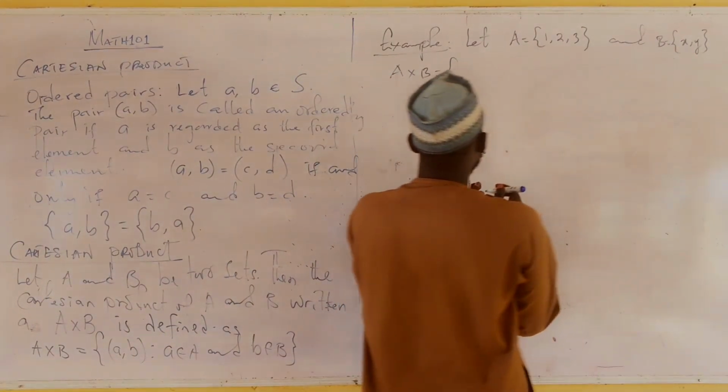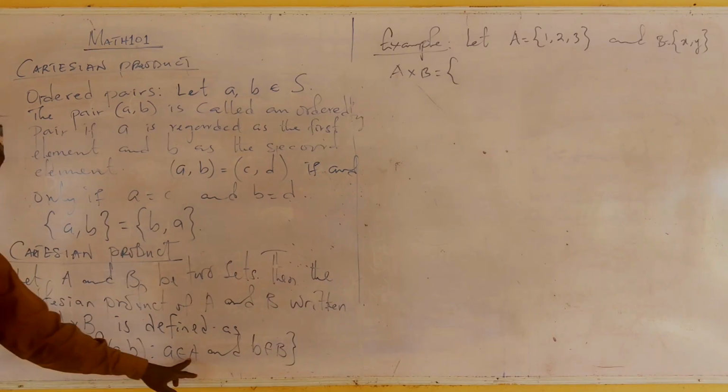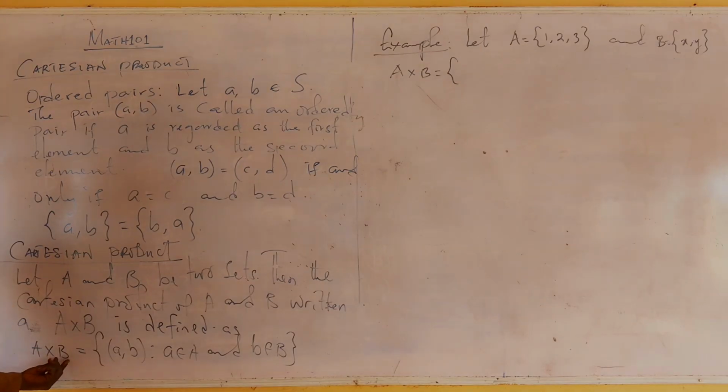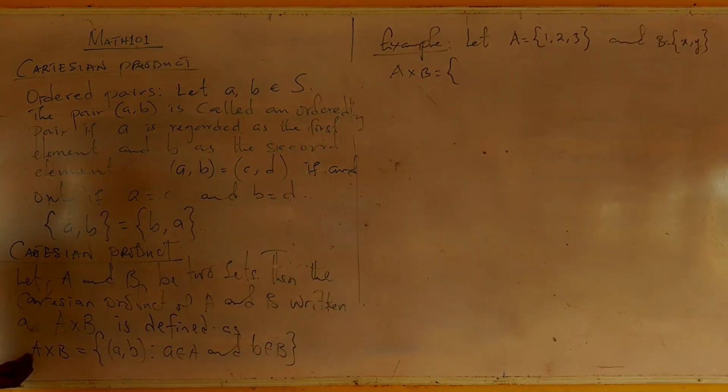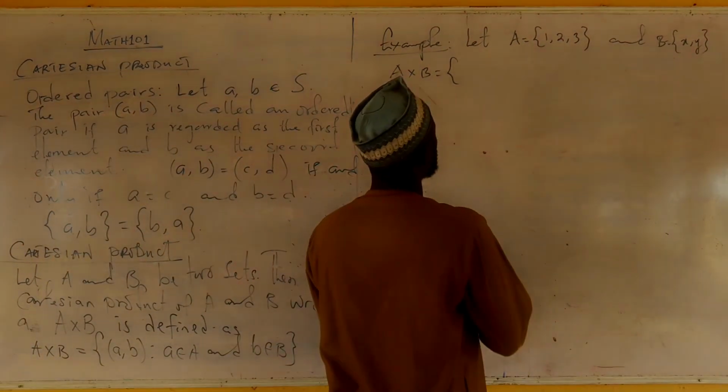The first element is from A, and the second element is from B. You pick an element of A and pair it with an element of B, then pair that same element with the next element of B until you exhaust the elements of B. And this is how we go about it.